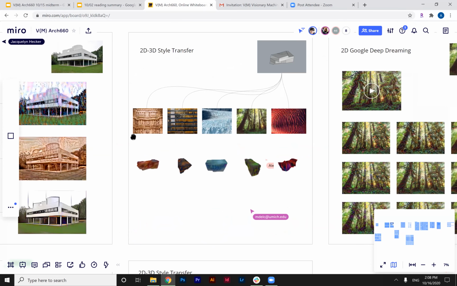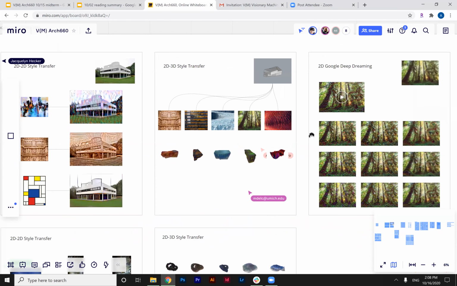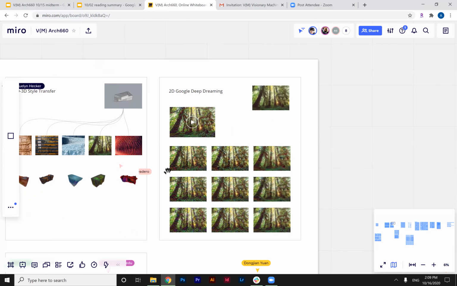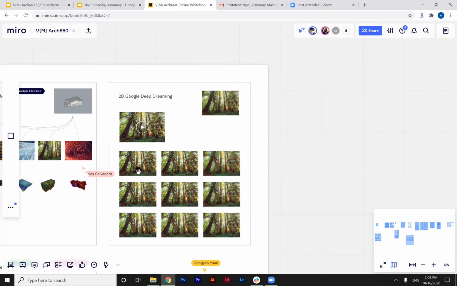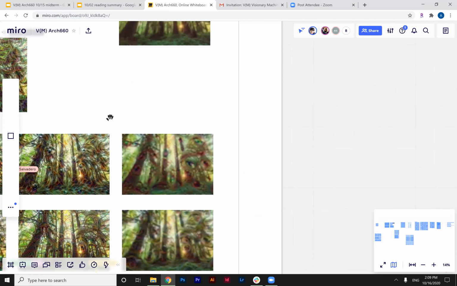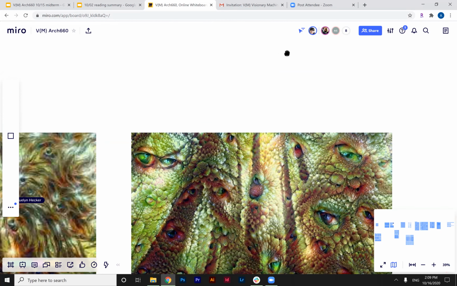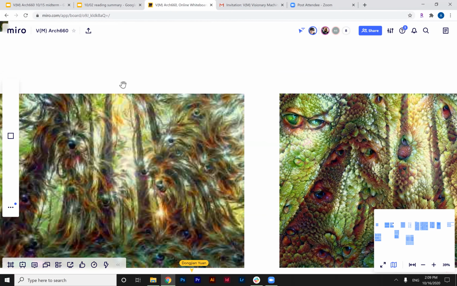And then the Google Deep Dream exercise that I did. I took, again, this forest image, and I really enjoyed some of these results. Some were less interesting, where it looked more like a filter over the view, but some really started to show actual hallucinations, maybe affecting the actual materiality of the image.